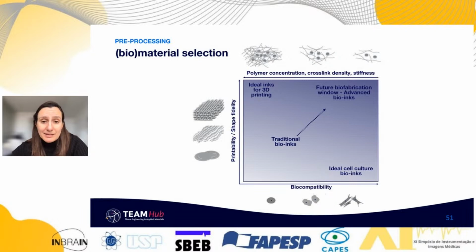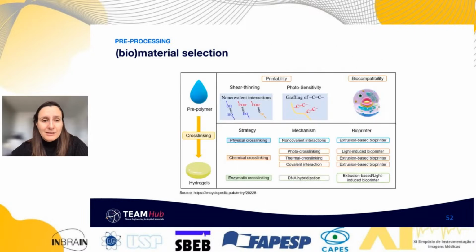The biocompatibility is going to be better with less stiff materials, but again, we have to find a fine balance somewhere in the middle where we can allow the cells to survive generally okay, but at the same time allow us to have some sort of control over the shapes and over the printability and how to maintain this structure. So this is the constant battle in the pre-processing phase, defining the biomaterials, defining the formulations, defining the cells, and then moving to the next step.